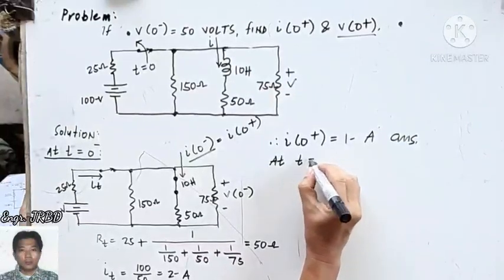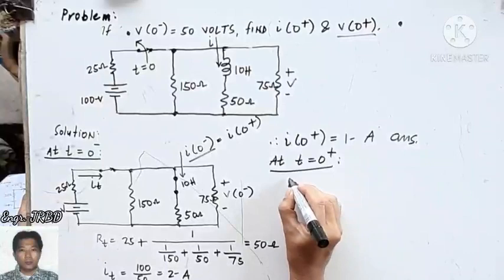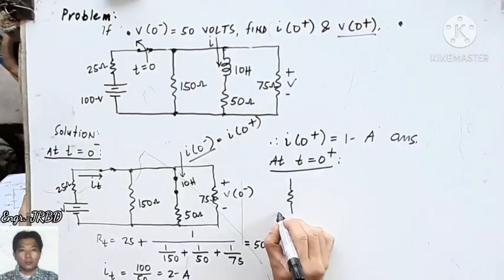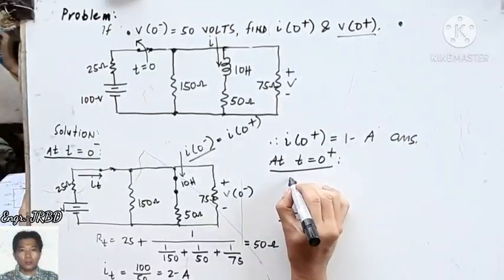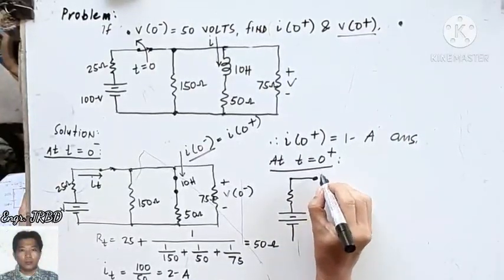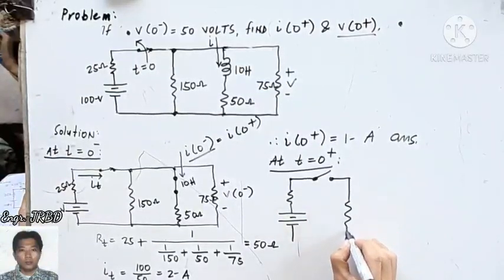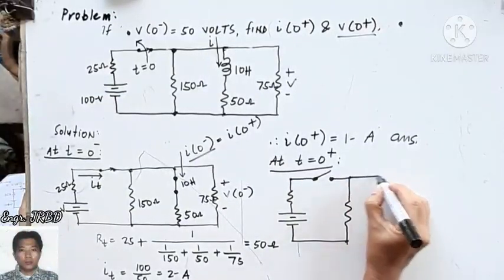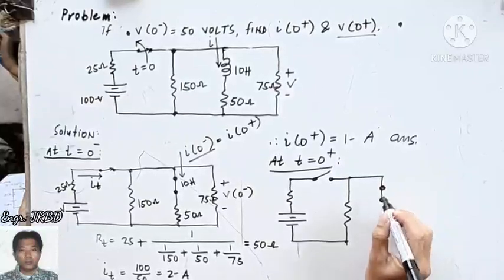So at time t = 0 positive, here is how your circuit will look. Still, your inductor is a short circuit.